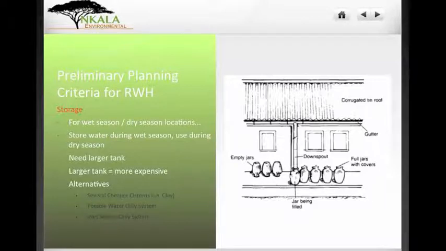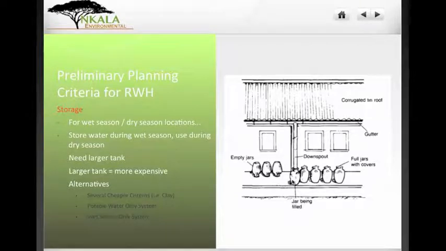You can have other types of smaller containers and invest in several of them, as you see here. The challenge with this type of system is that it's much more hands-on. You have to actually be there operating it when it's raining, because when this jar fills up, you have to move the downspout to the next jar. You have to move the next jar under the downspout, and so on and so forth.